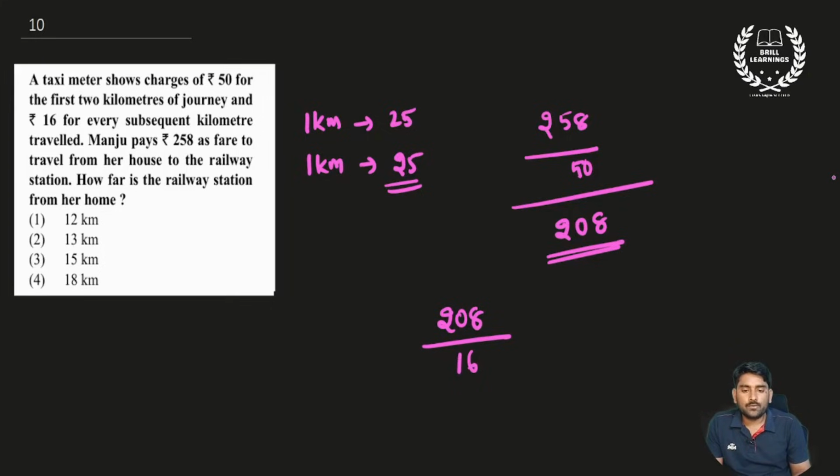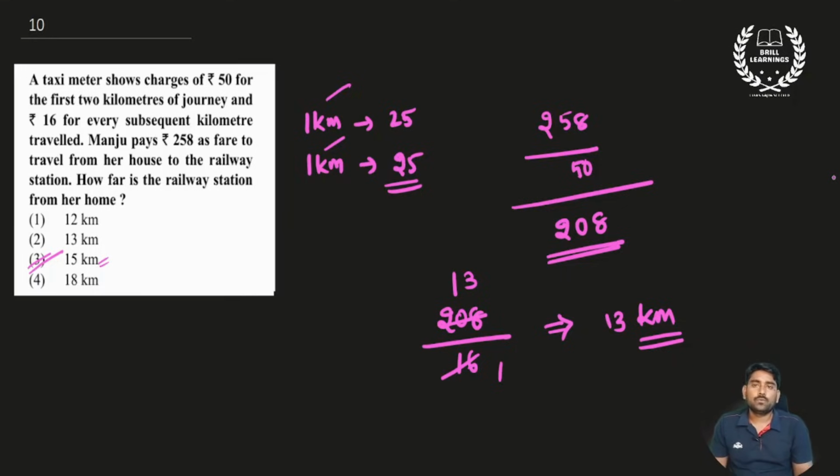So straight away you can divide this value. 16 ones are 16, 16 threes are 48, so 13 kilometers. Initially he has traveled 2 kilometers. So in total, the distance from her home to the railway station is 15 kilometers. Thank you. We'll meet in the next video.